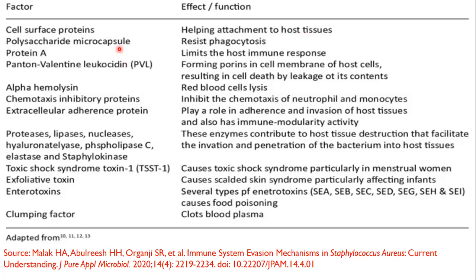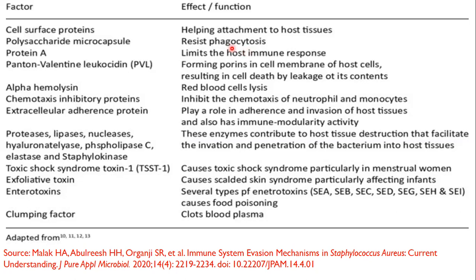Now, I mentioned that the colonies of Staphylococcus in general are glistening. Glistening would translate to containing a polysaccharide capsule. This capsule renders the organism resistant to the effects of phagocytosis. It's acting like a shield protecting the microorganism from being eaten up by a phagocyte.